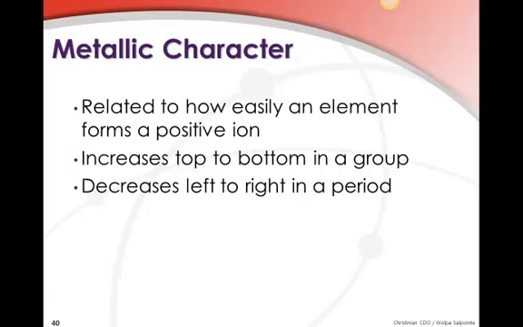The lower the ionization energy, the easier an element forms a positive ion, the more metallic it is. So metallic character has the same trend as ionization energy and it's tied to ionization energy. So it increases top to bottom because ionization energy decreases. It decreases left to right because ionization energy increases.